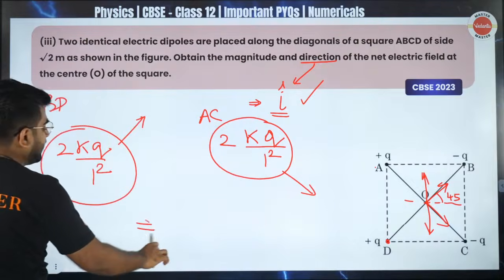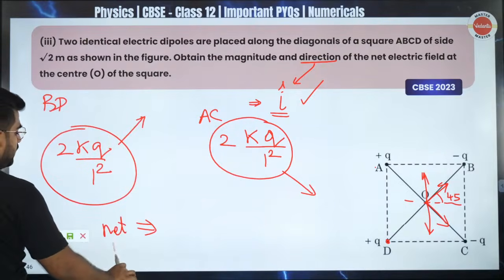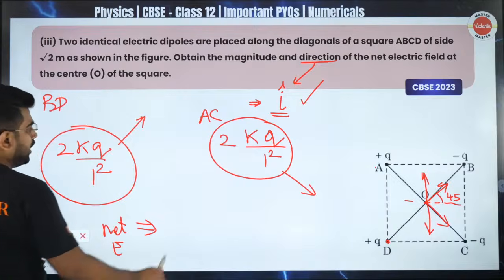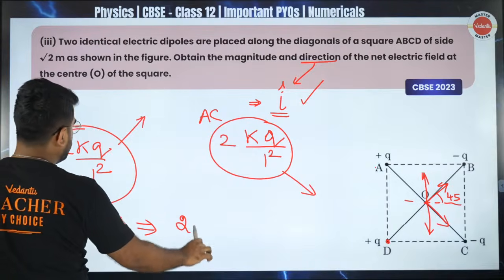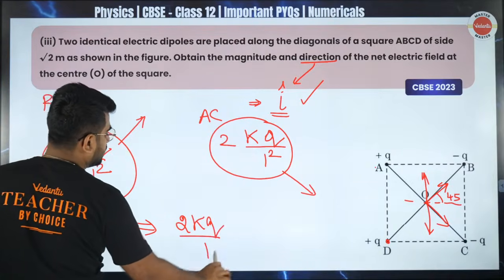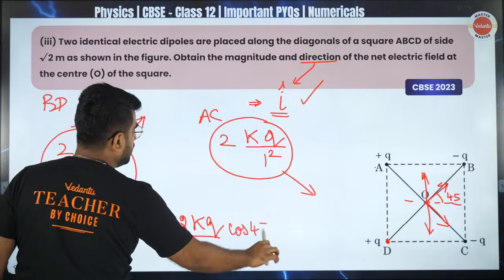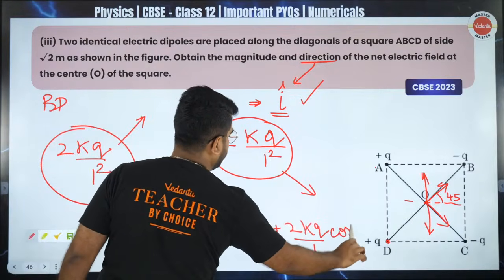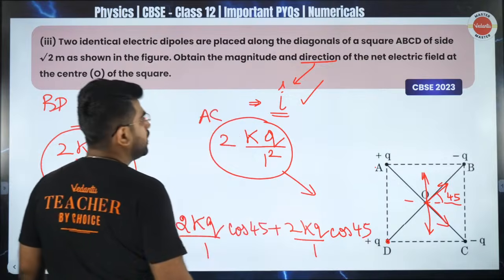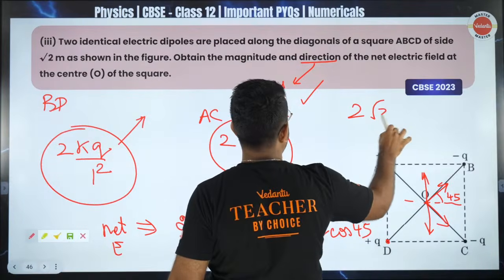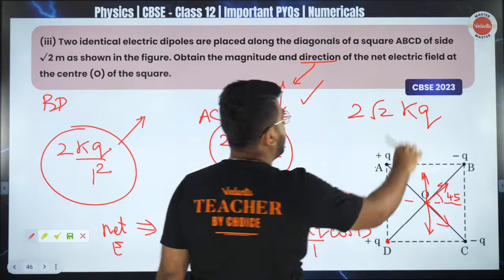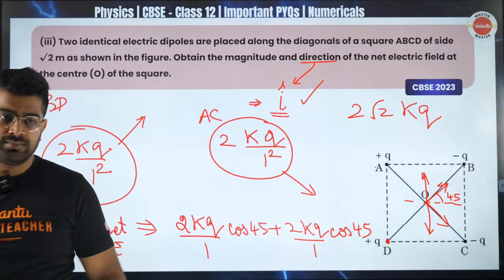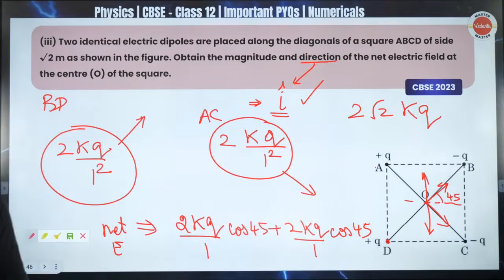So the effective net electric field at O is 2KQ by R square cos 45 plus 2KQ by R square cos 45. So the answer is 2 root 2 KQ. That's the answer.